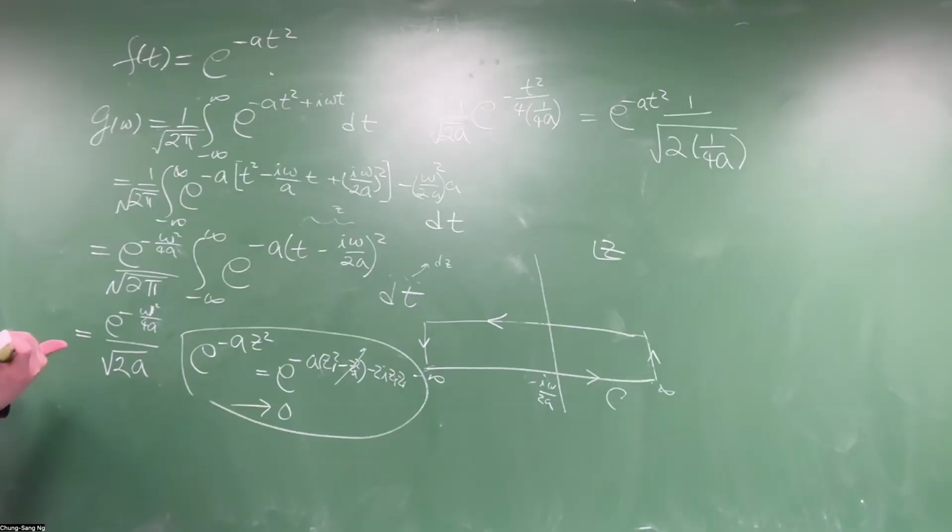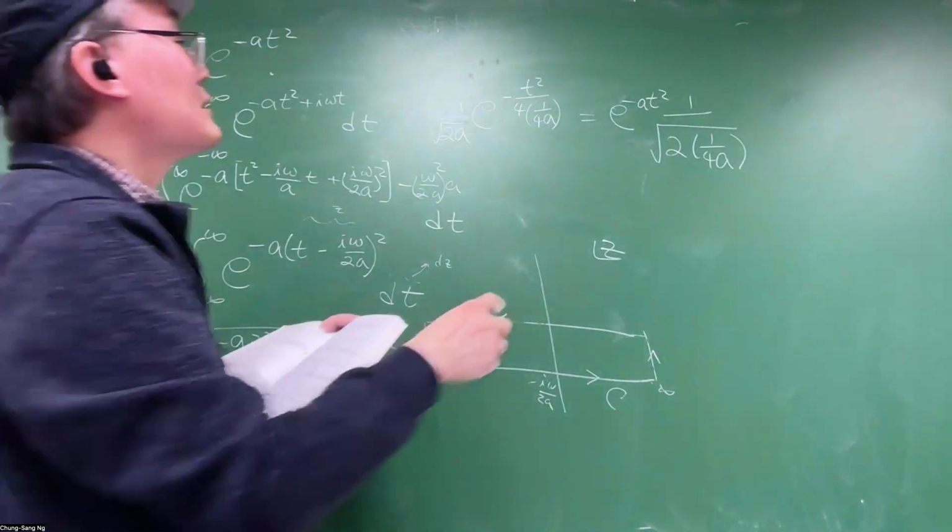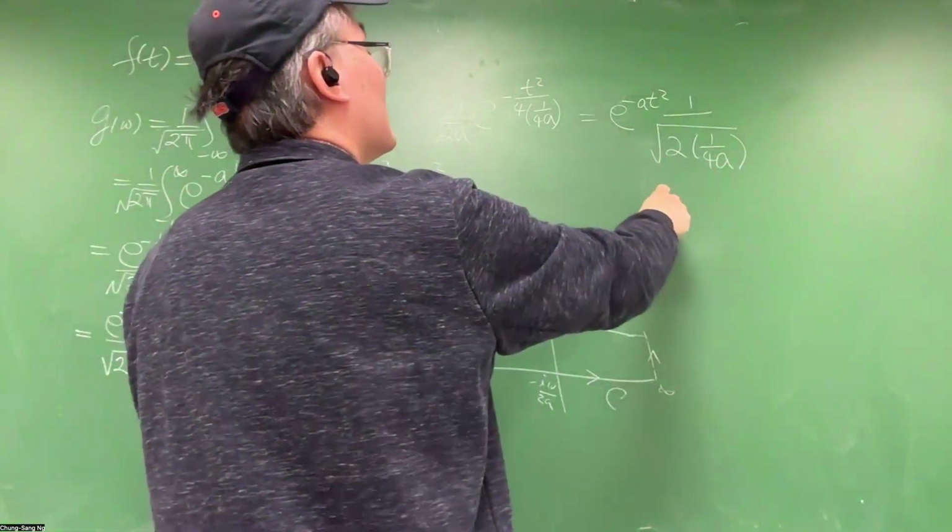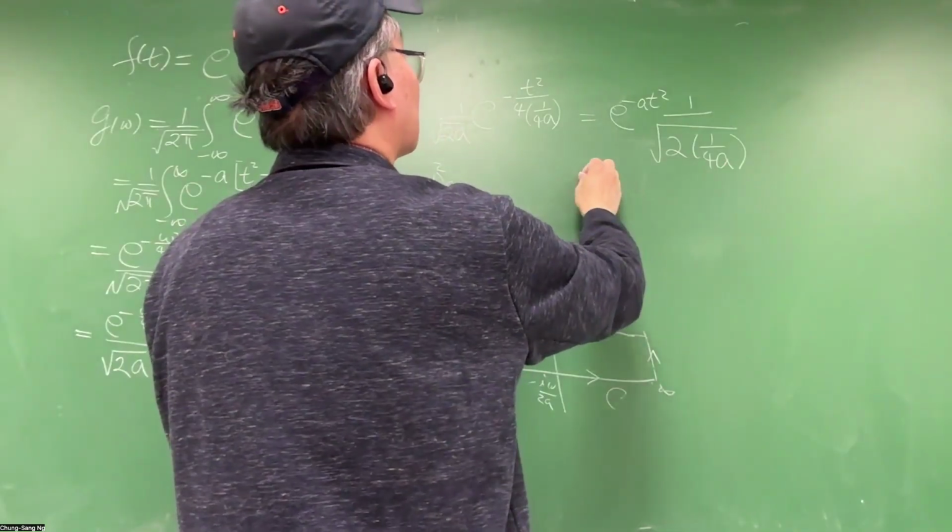That is not quite it, right? You see 2 and 2. That is 2a.